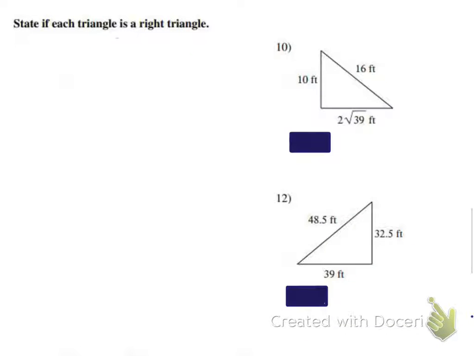Knowing that, we know this is the hypotenuse, even though this should have a right angle sign there, just like this one should. It would be 10 squared plus 2 radical 39 squared is equal to 16 squared. So then I would do 100.